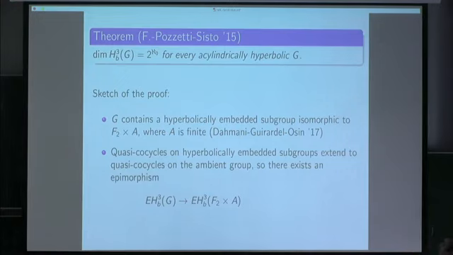So this is the content of our theorem, basically. It's this step 2, that quasi-cocycles from a hyperbolically embedded subgroup extend to the ambient group. And this just means that this restriction map is surjective. We have a class here, represented by a quasi-cocycle. If we can extend the quasi-cocycle to the full group, this just means that this restriction map is surjective.